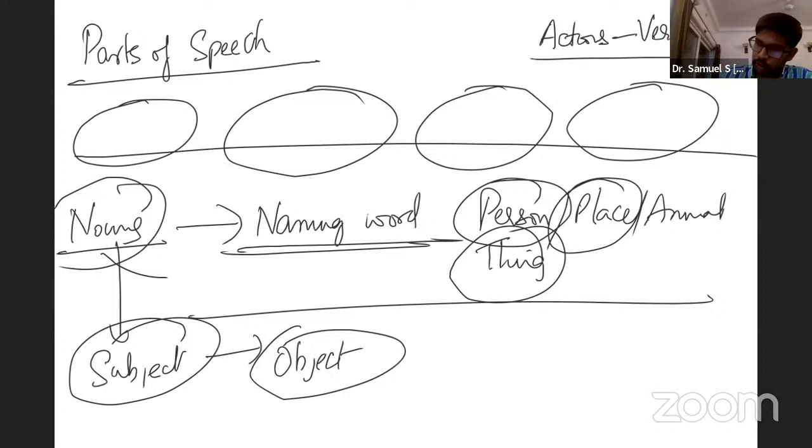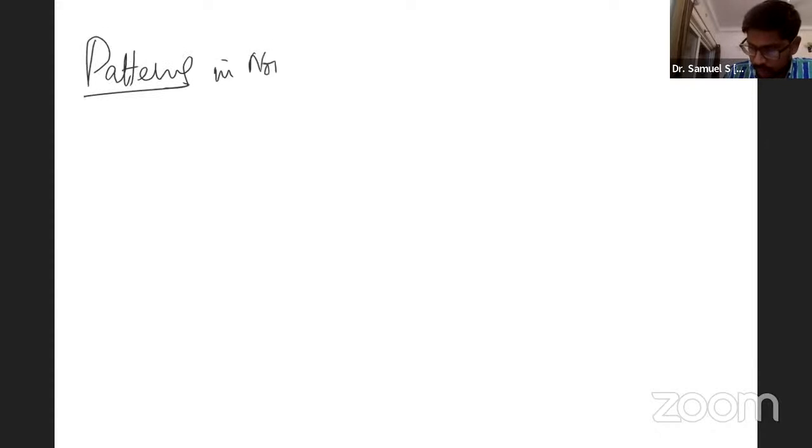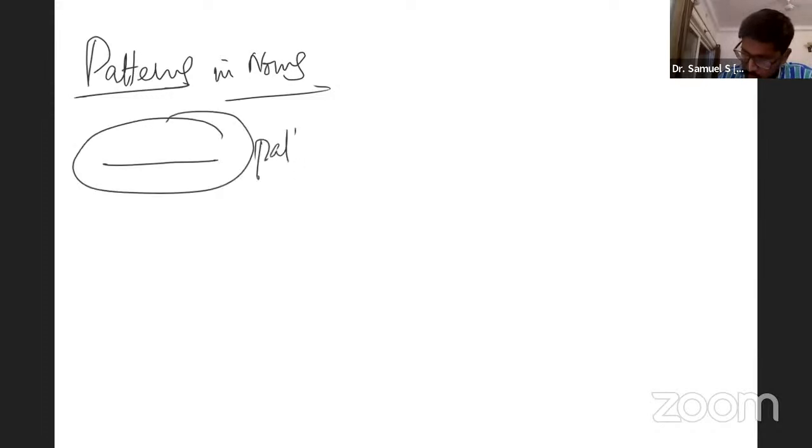So what grammarians do is, let me clear this out. I should figure this out. Oh, like that. Clear my triangle. Okay. So what grammarians do is they recognize patterns in nouns. So they look at the language, and grammarians will see there are a set of nouns that all seem to follow a certain pattern.